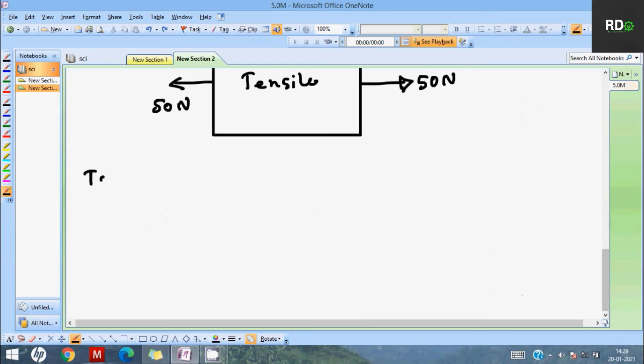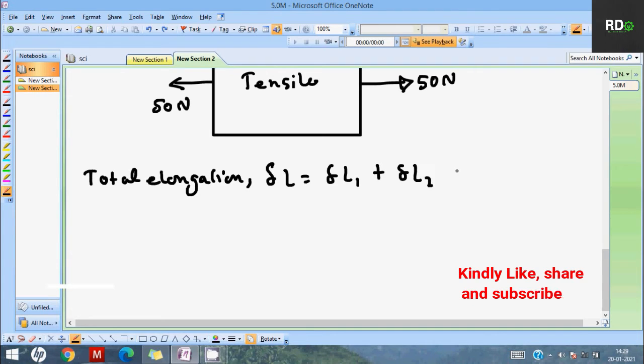So total elongation, del L, is equal to del L1, the elongation in the first segment, plus del L2, then del L3, the elongation in the third segment.